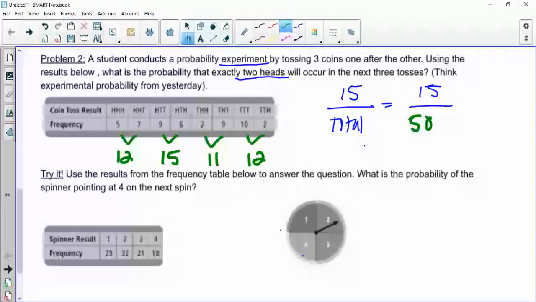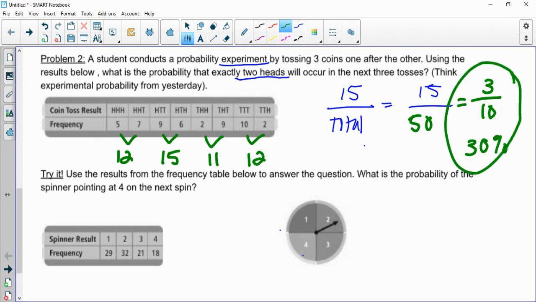We should check that on our calculator. Check this on your calculator. I checked that on my calculator. It is 50, and then we can reduce our fraction. Both of those divide by 5, so we'd have 3 over 10, which is 30%. So there's a 30% chance she gets exactly 2 heads in the next 3 tosses.